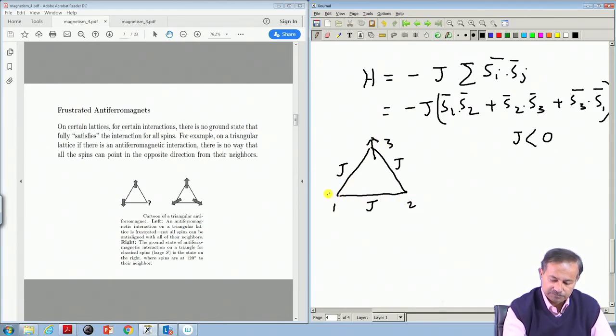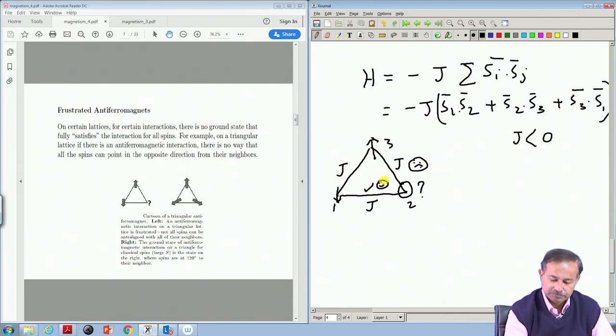So, this will be up, this will be down because it is an antiferromagnet. Now, what will happen to this one? This spin just does not know which way to orient, because if it is up, then this bond is satisfied, this will be happy. If it is up, then this is ferromagnetic, so this bond will be unhappy, whereas this bond is happy.